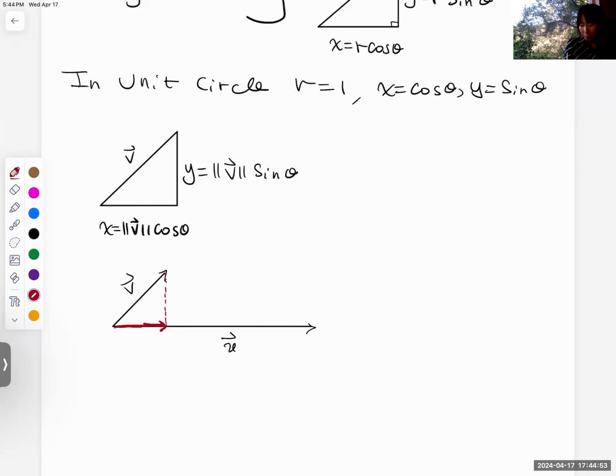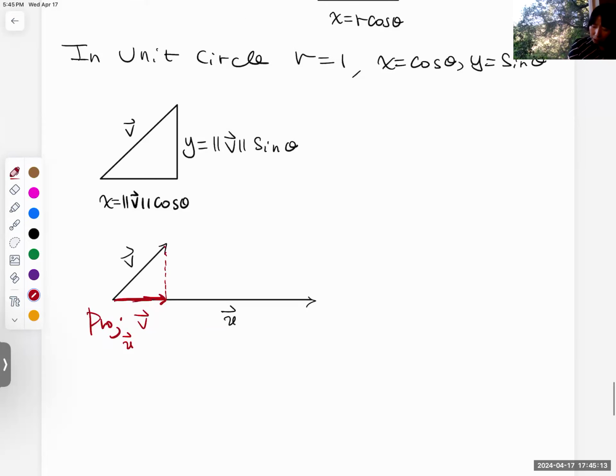Then we call this one, the notation is like that: projection of vector V onto U. Okay, let me write it down. Sometimes we read the word vector, or sometimes just omit it because we know it's a vector, right?